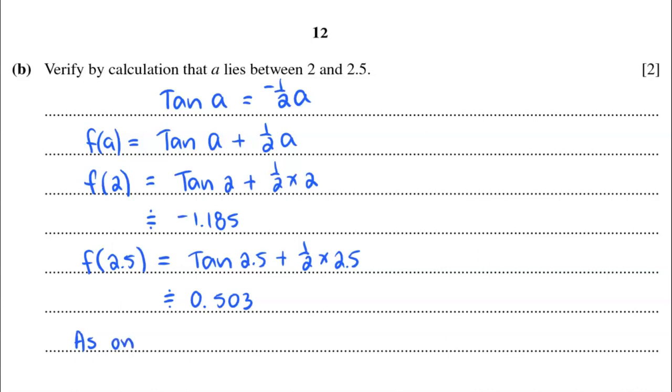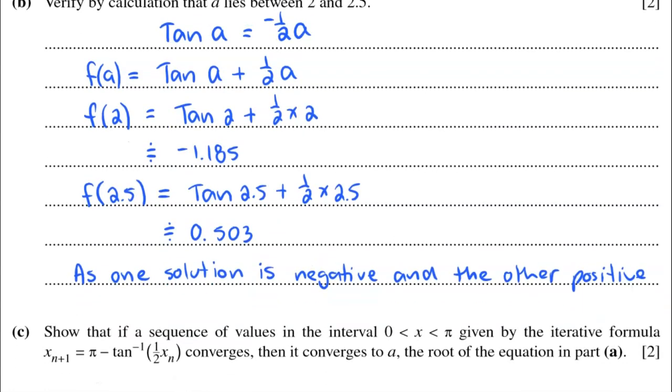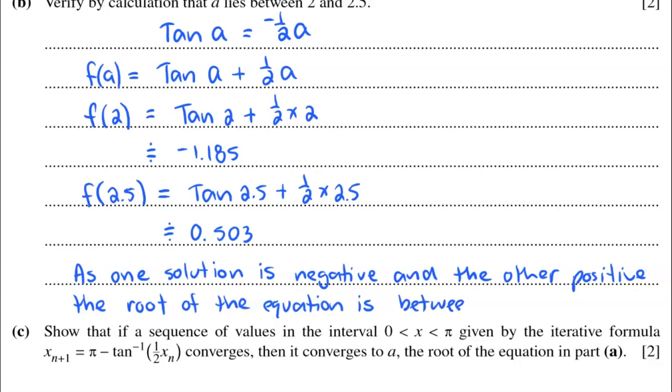As one solution is negative and the other positive, a little more space, please, the root of the equation is between 2 and 2.5. All right, that's great for us.